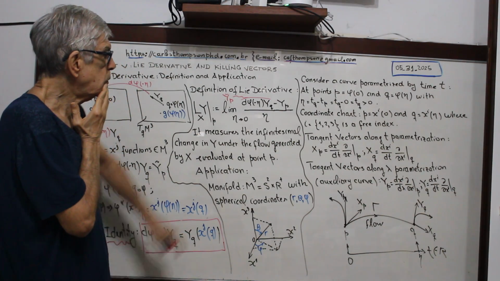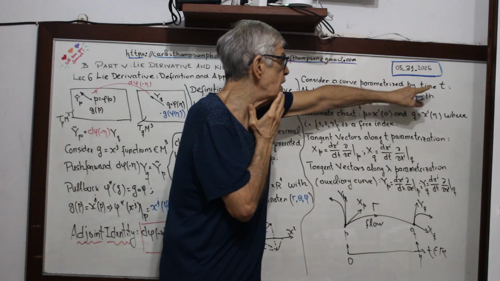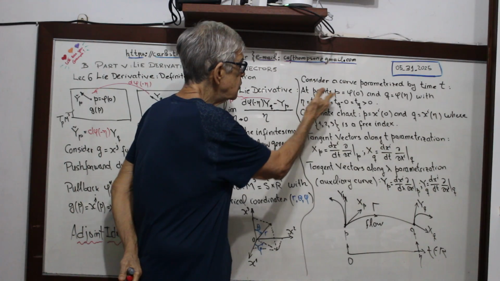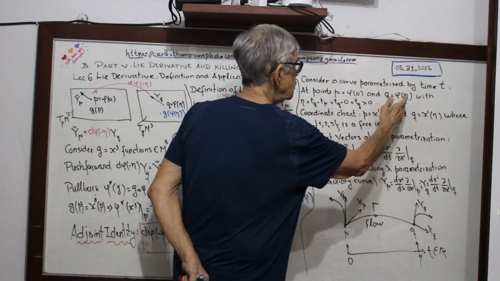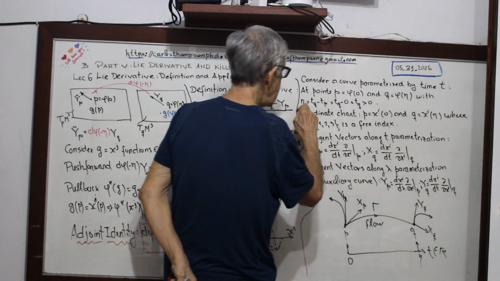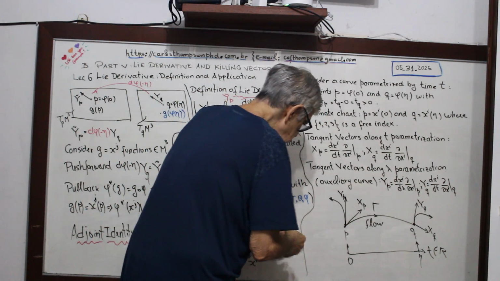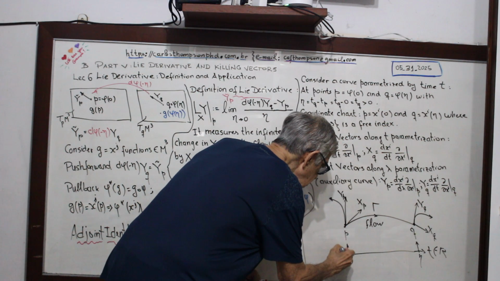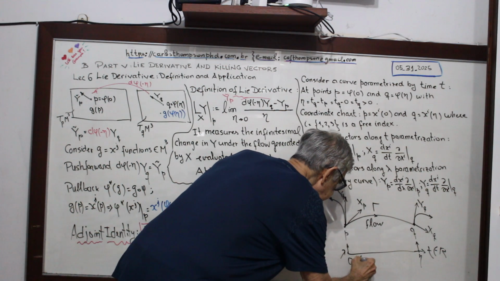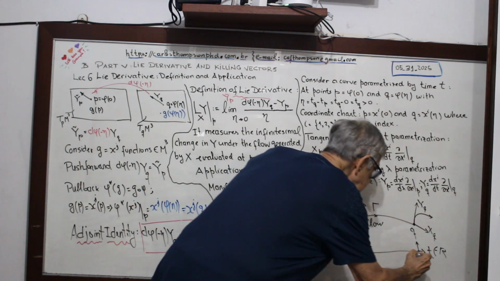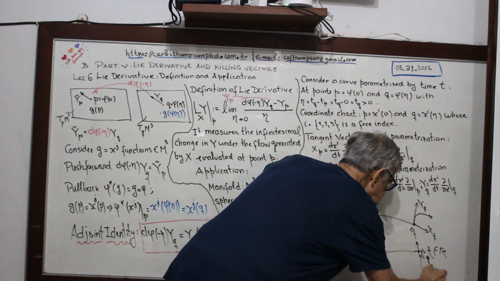Now consider the curve parametrized by time t at points P and Q. P is phi of 0 and Q is phi of eta, with eta equal to t_Q minus t_P. You see this figure here, this is t_P, and this point here is t_Q.